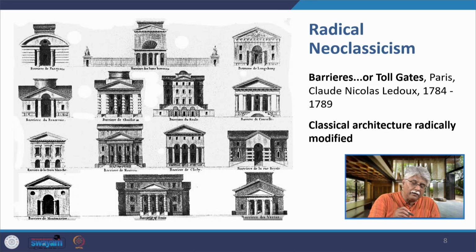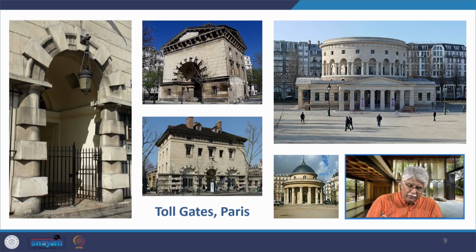He took each one of them as an architectural venture, and he radically modified classical geometry. For example, you see here that he makes the columns flat, or he takes the classical temple front and mounts it with another classical building, which is a completely radical combination.